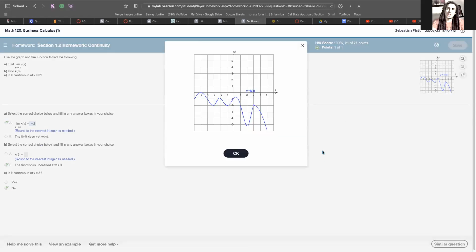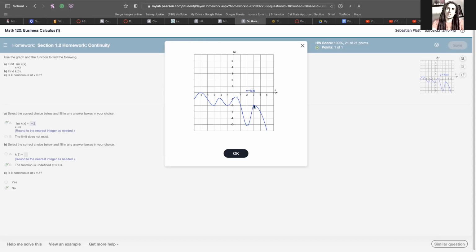Next up, use the graph and the function to find the following. Find the limit of k of x as x approaches 3, find the function value, and then determine whether or not this is continuous. So the limit as x approaches 3 here is going to be -2. That is the y value, the y coordinate.